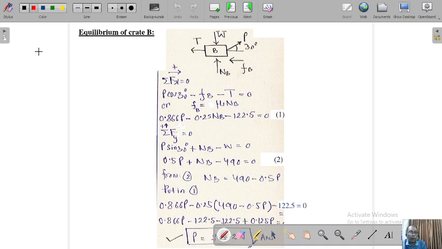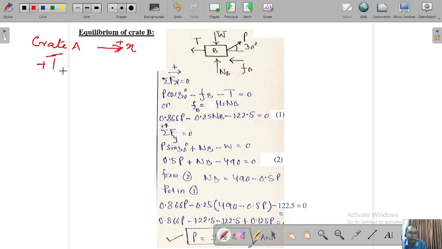So remember, for crate A, t was positive. If we sum it along the x, this was our positive x.